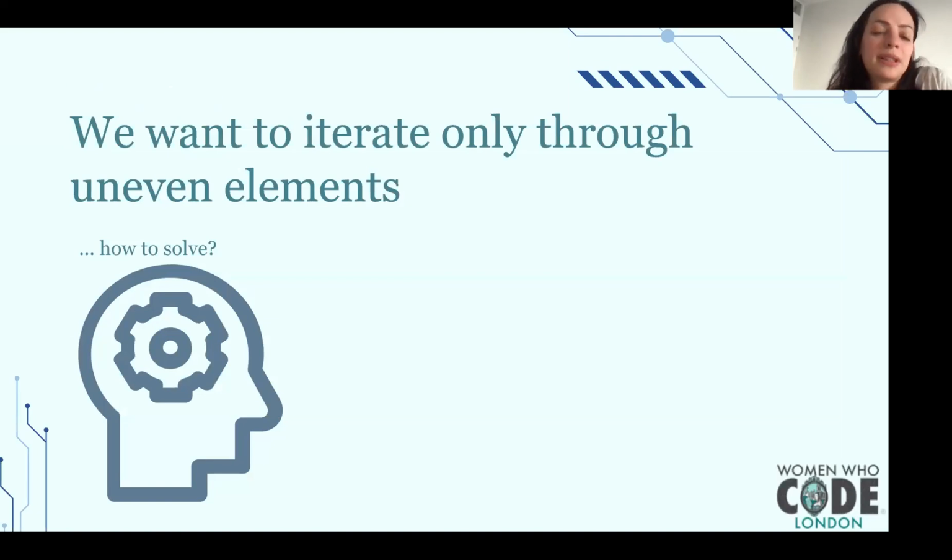Now, to provide an example of implementation of this pattern, suppose we want to iterate only through uneven elements. How would you solve it? It's a kind of a strategy.